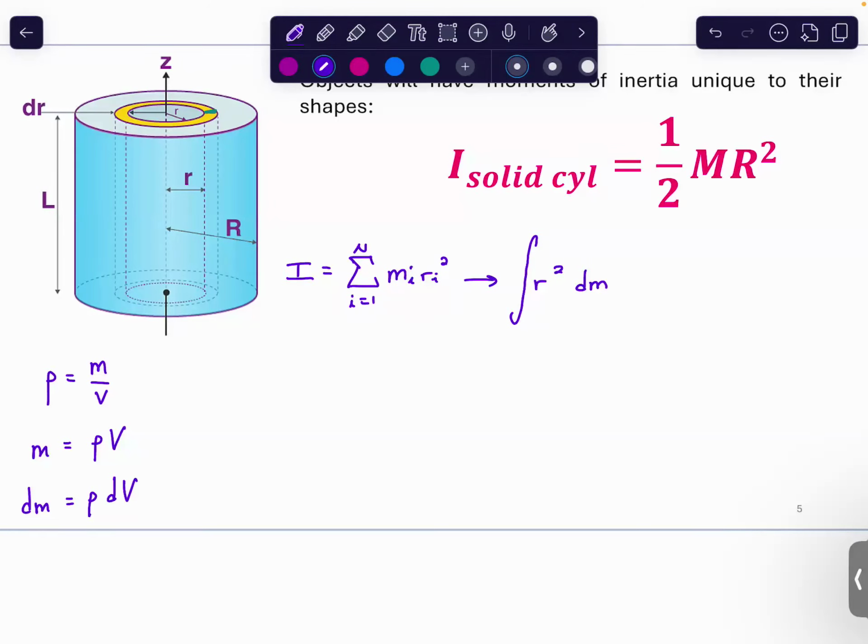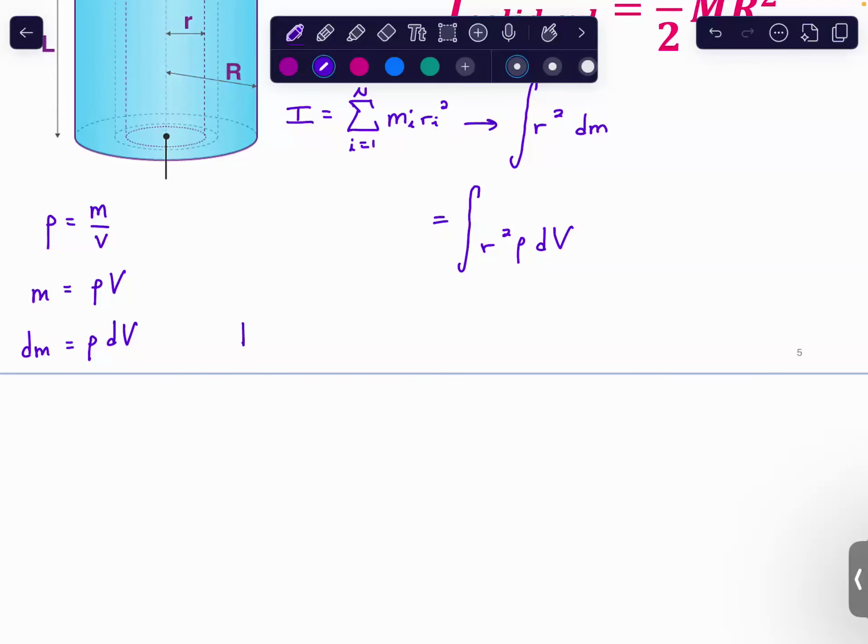That's going to allow us to rewrite our integral like that.